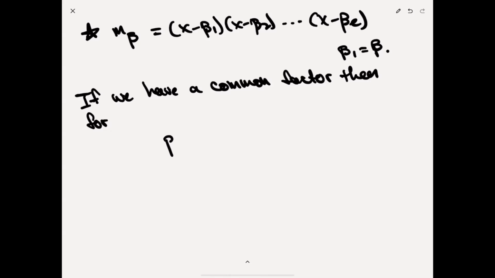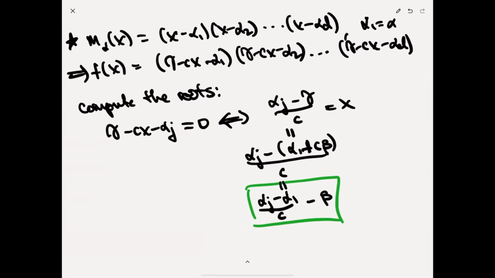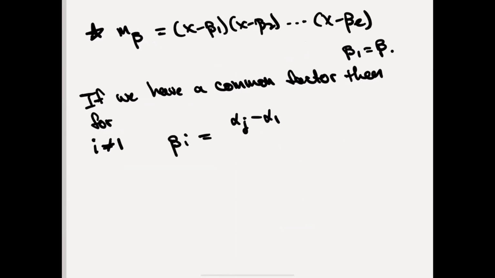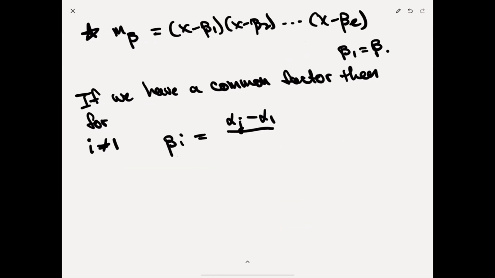This means that beta i, for i not equal to 1, is equal to alpha j minus alpha 1 divided by c minus beta 1.